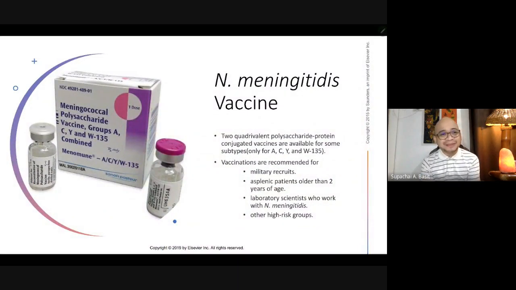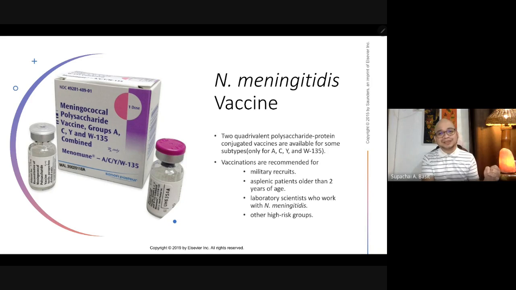As what I told you a while ago, there is already a vaccine for Neisseria meningitidis. So we call it the 2 quadrivalent polysaccharide protein conjugate vaccines for some subtypes, particularly for types A, C, Y, and W135. So, who should be receiving the vaccines?